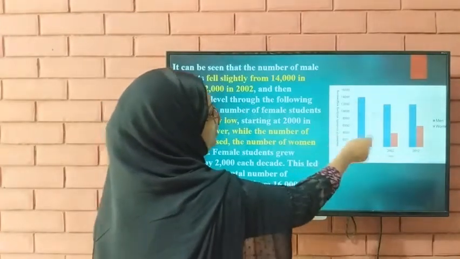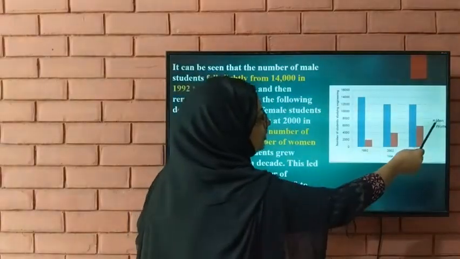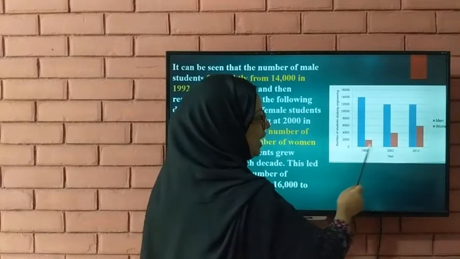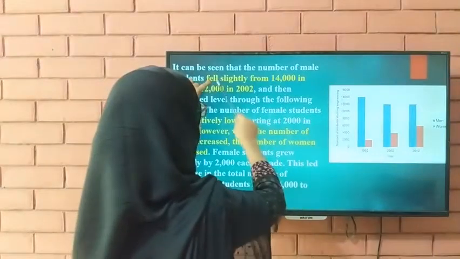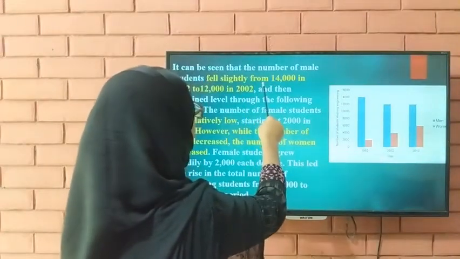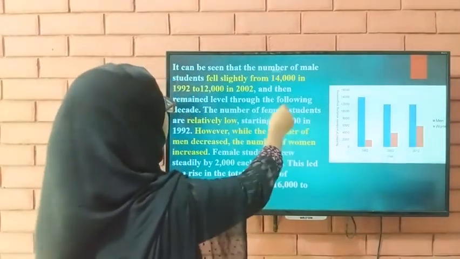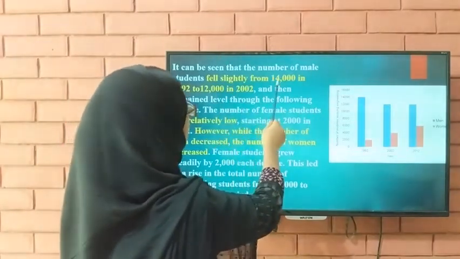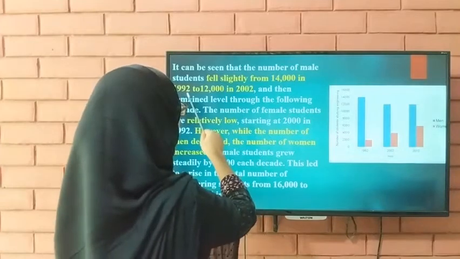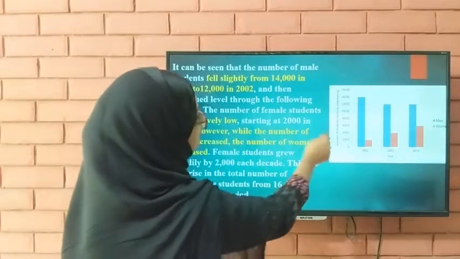Look, the blue one is men and the red one is women. So you can see the number of male students fell slightly from 14,000 in 1992 to 12,000.